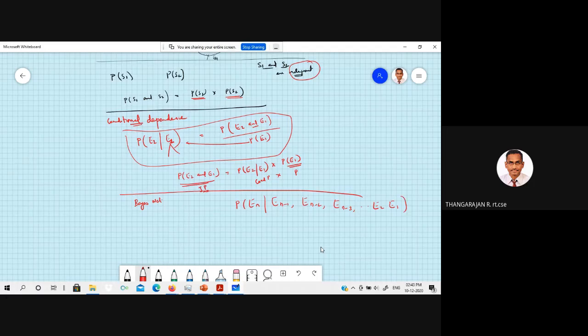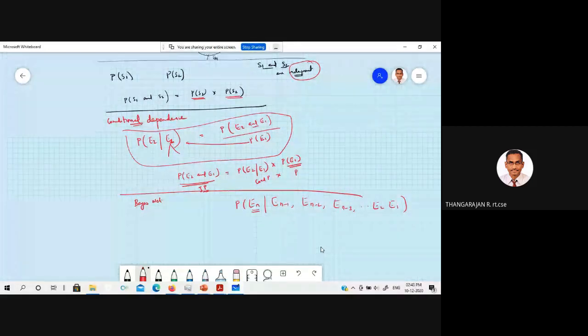This is a conditional probability that an event En depends upon En minus 1, En minus 2, En minus 3, like that till E1. In that case, we can have a chain rule, so I can always write it in a factored manner.